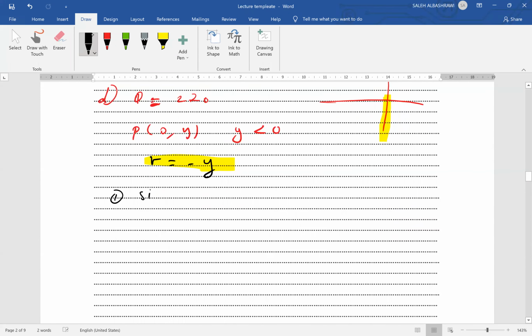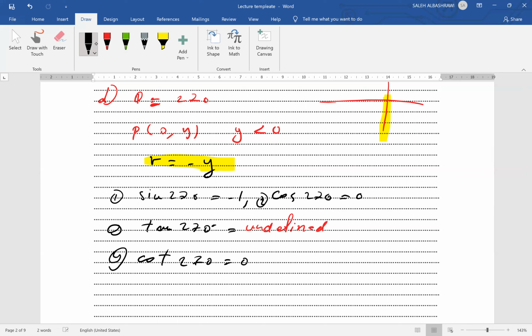Number 1, sine 270 equal to minus 1. Cosine 270 is 0. You can find them by the same technique. Number 3, tangent of 270 is undefined. And number 4, cotangent of 270 equal to 0.